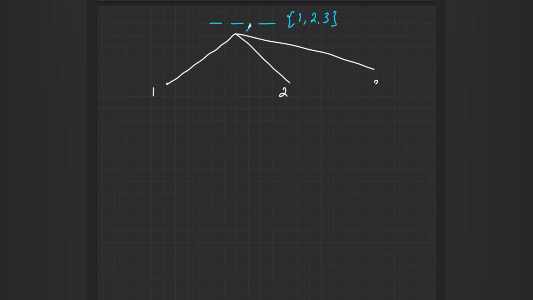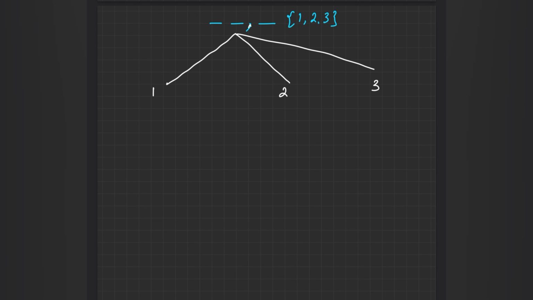So let's say I need to fill these 3 slots and we'll be working with the given example 1, 2, 3. So say you have a problem statement of filling these 3 slots with the given array of 1, 2, 3. What would you do? For the first slot, there are 3 choices. Either you can fill it with 1 or 2, or you can fill it with 3. Correct?